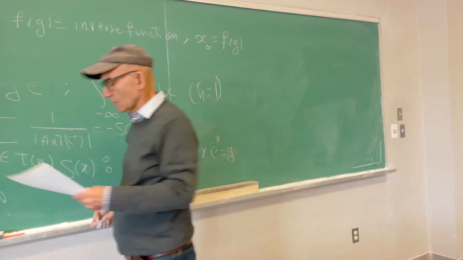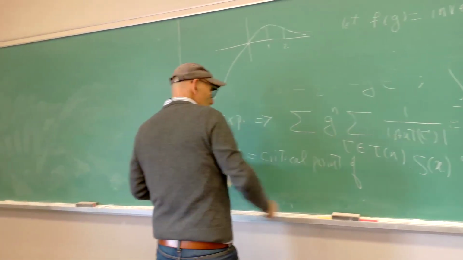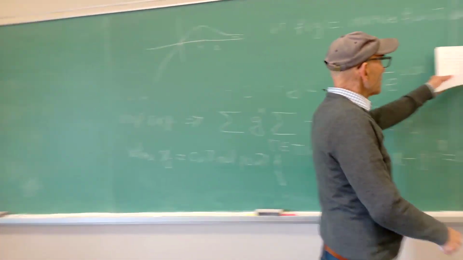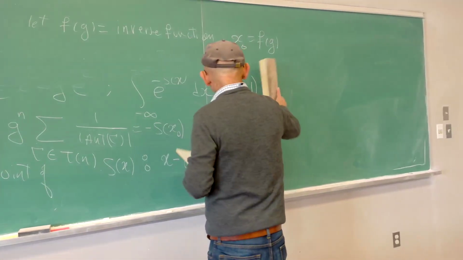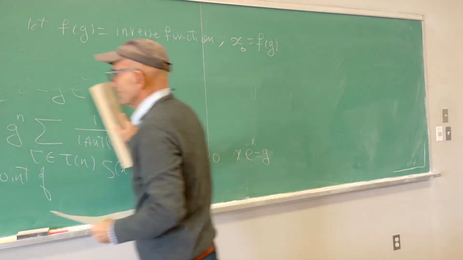So we want to study this in terms of g. Let us find the Taylor expansion of this, which is the Taylor expansion of the inverse function to that function.